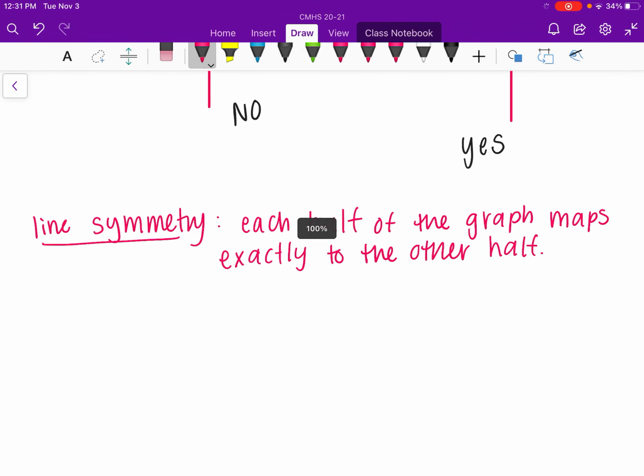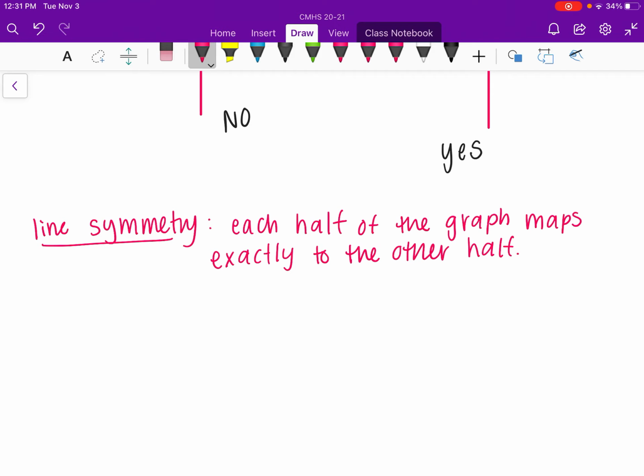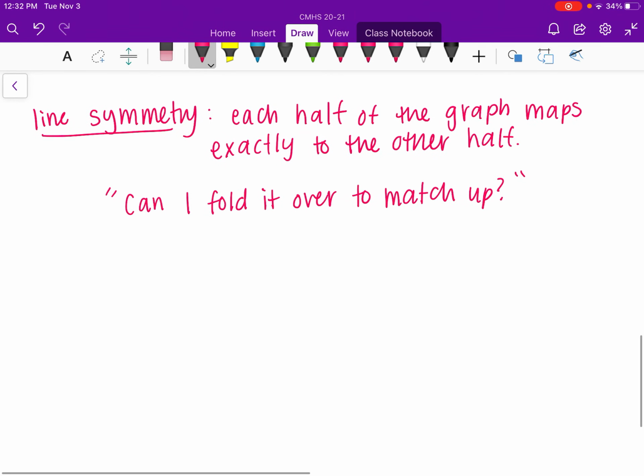It's also called reflexive symmetry. Basically, does it match up on both sides? So the question I ask myself here is, can I fold it over to match up? Can you fold the graph over on top of itself in half, and will the two sides match up? If it does, then you have a line of symmetry.